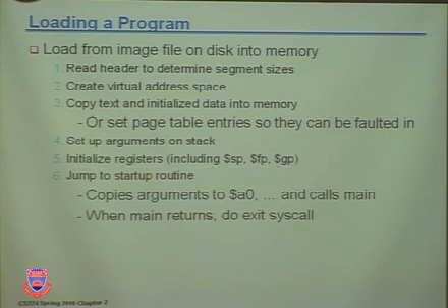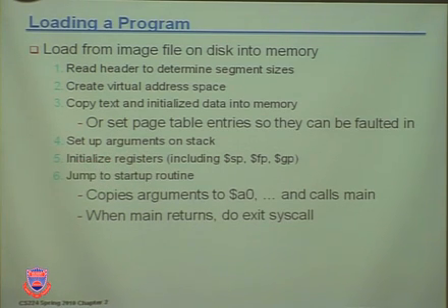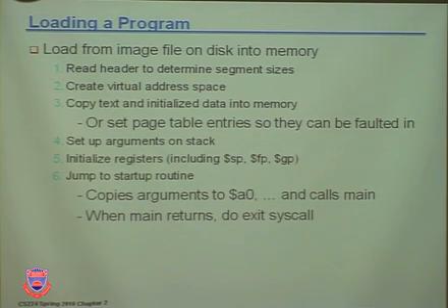In any application, you may have arguments that are passed by the user, for example. You will set up those arguments on the stack as we did with any method, right? And then initialize these registers: stack pointer, frame pointer, and then the global pointer.